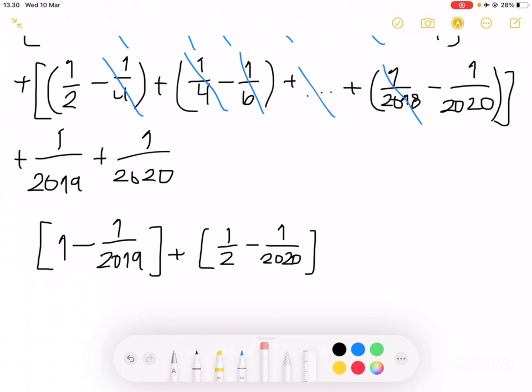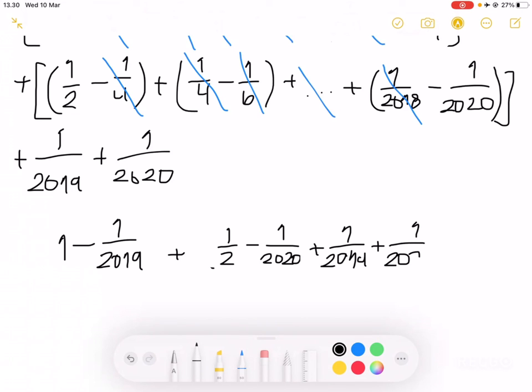And perhaps we don't really need these brackets anymore. And we have the additional terms 1 over 2019 plus 1 over 2020.